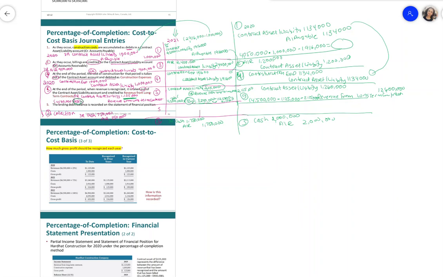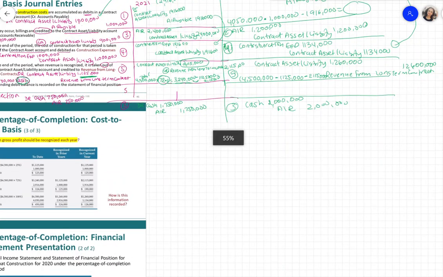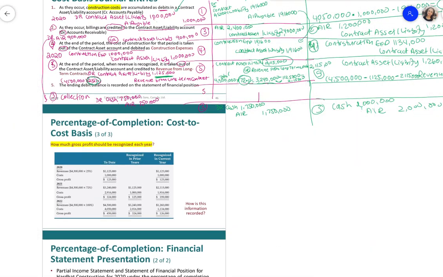So if you were to do it for each year, I'm going to see if I can take a different ink. In the first year, we have a construction expense. If you look at it, our expenses to date, and this is what is recognized in the current year. So this was my expense.